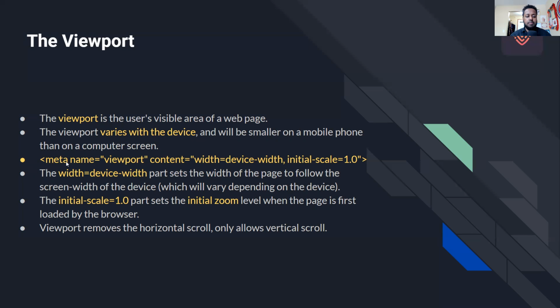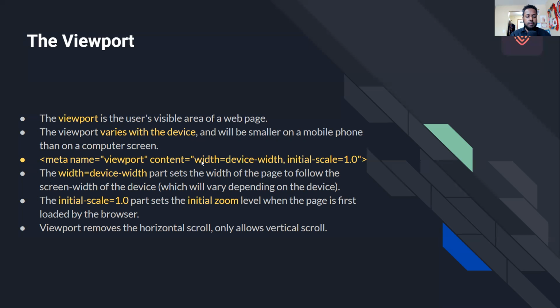The viewport is a meta tag. At the top of your HTML document, in the head, you put meta, then name equal to viewport, and then content equal to width equals device-width, and then initial-scale is 1.0.